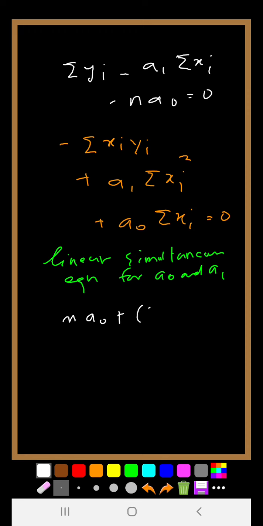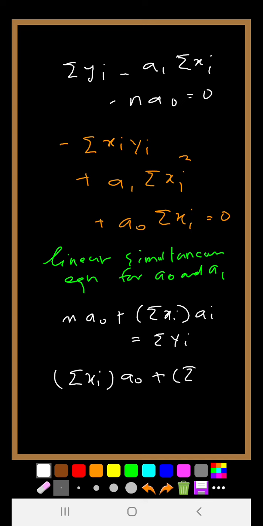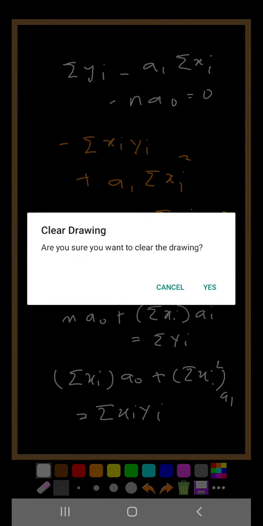So these simultaneous equations are n a0 plus summation xi into a1 is equal to summation yi, and summation xi into a0 plus summation xi square into a1 is equal to summation xi yi. Ultimately we get the solutions.